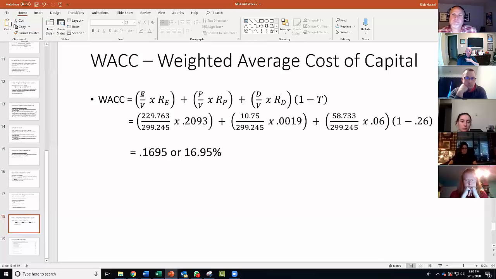I took the value of the common stock, which is 229.76, divided by the value of all the capital components, and multiplied it by RE. Then I did the same thing for P divided by V times RP, and the same thing for D divided by V times RD times 1 minus our tax rate. Because after cost, or after tax, we have a 16.95% cost of capital.